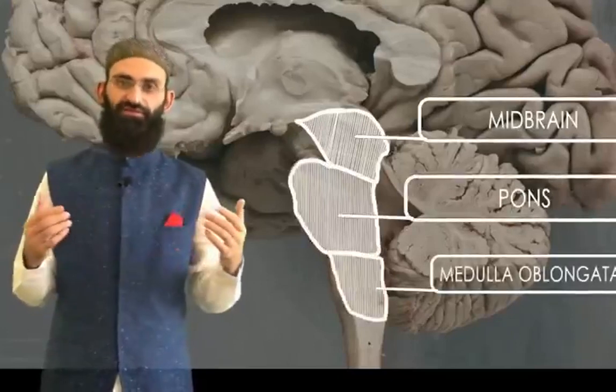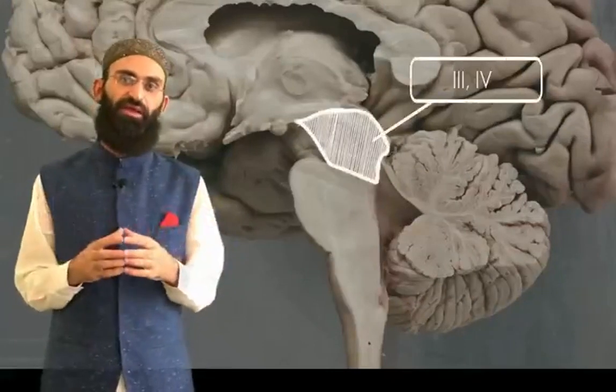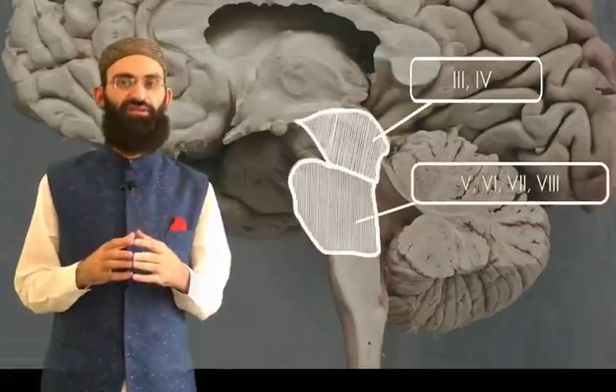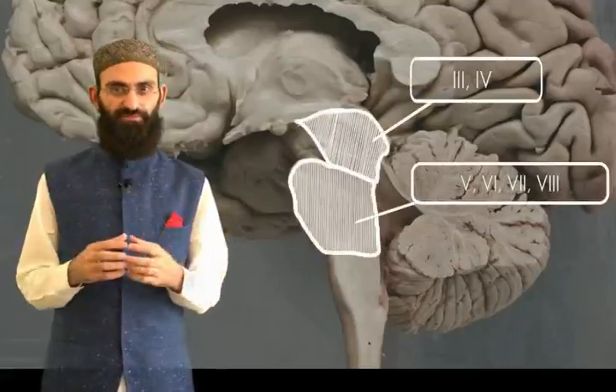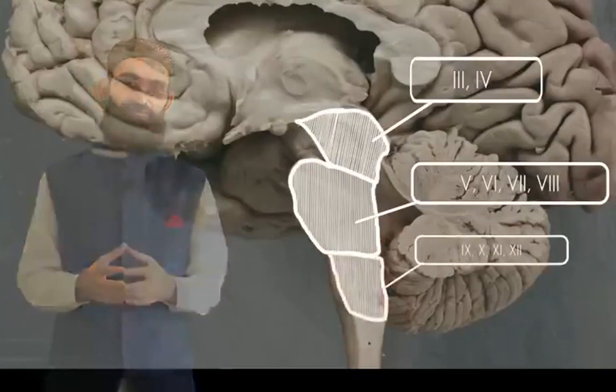A number of cranial nerves leave the brainstem. The third and fourth cranial nerves leave the midbrain, while the fifth, sixth, seventh, and eighth cranial nerves leave the pons. The last four cranial nerves leave the medulla oblongata. The medulla oblongata passes through the foramen magnum and continues as the spinal cord.